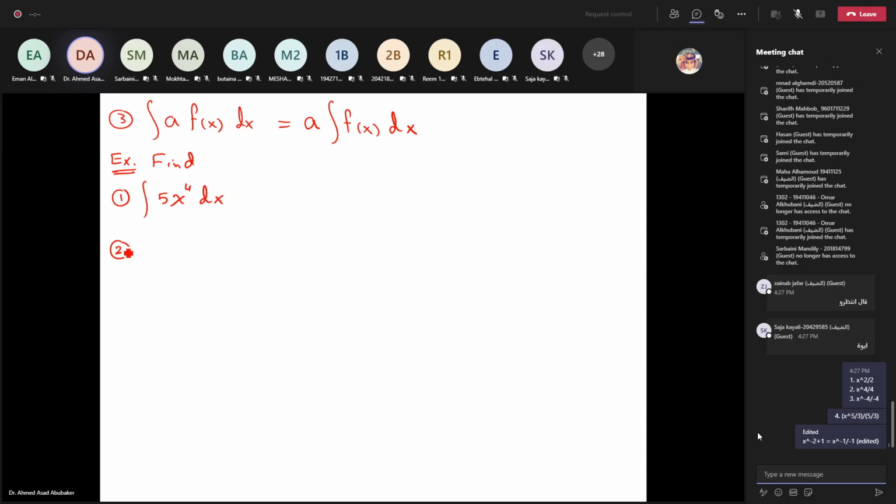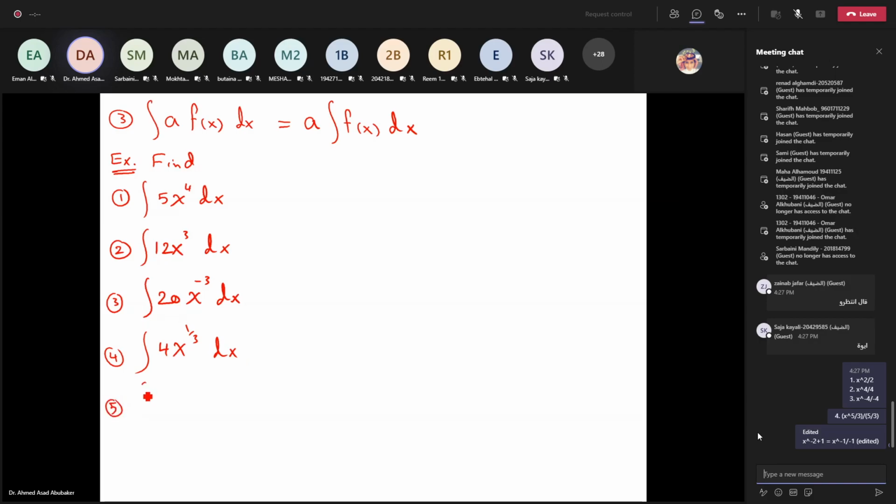Number 2: 12x to the power 3 dx. Number 3: 20x to the power negative 3 dx. Number 4: 4 multiplied by x to the power 1 over 3 dx.